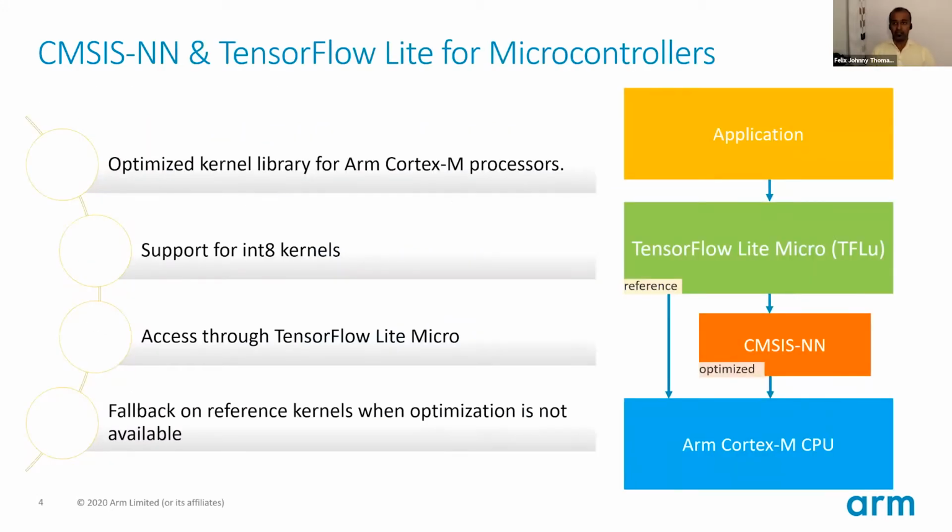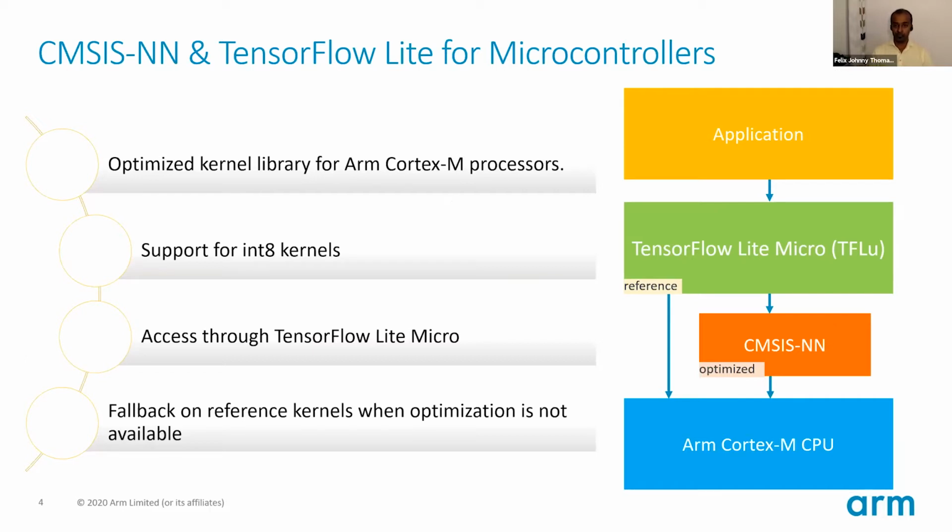So how does CMSIS-NN relate to TensorFlow Lite for Microcontrollers? What CMSIS-NN provides is optimization for a subset of compute-intensive operators that are in the TFLM repository. And the support is only for int8 kernels. The way that you access it is through TensorFlow Lite Micro.